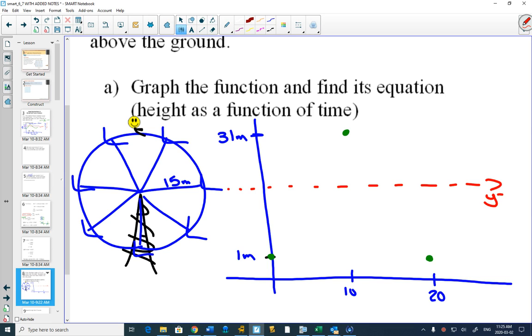What value is that center line going to be at? 16. It's halfway between 31, so I can label a 16 right here. And when will you be on the center line? At 5 and 15. So you see how this is working out to be perfectly like our sine graphs from before. And it would continue like that.